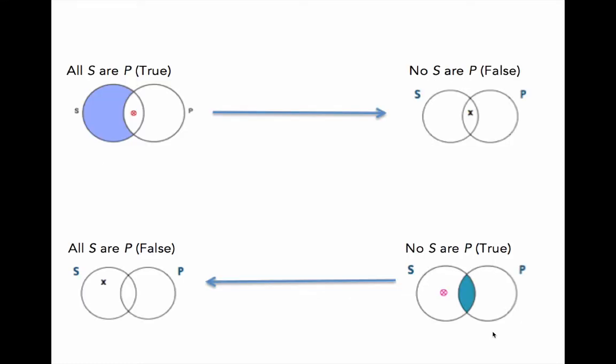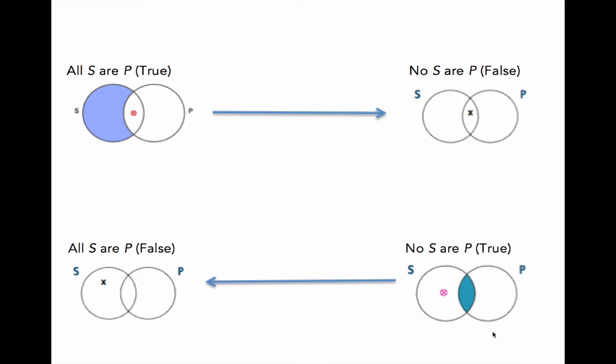Take a look at the upper left and upper right corners. The true universal affirmative yields a false universal negative. So the contrary of a true universal is a false universal. The contrary of a true A proposition is a false E proposition.